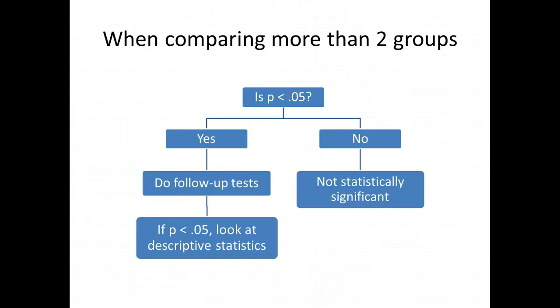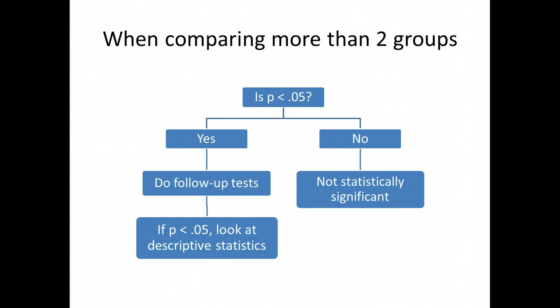When you're comparing more than two groups, you do an overall analysis of variance, and then you do follow-up tests. So the first thing to look at is the p-value associated with F. If that is less than 0.05, then you do the follow-up tests, which you do really just like you do t-tests.